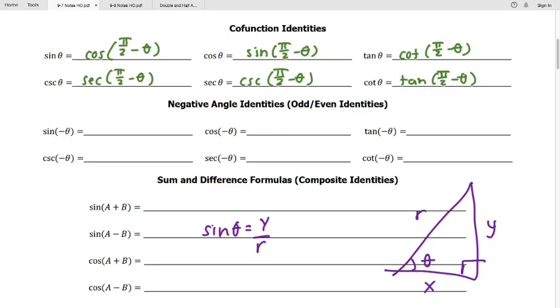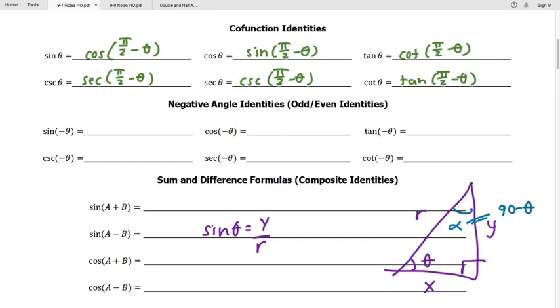But if I were to turn this right triangle, we could look at it in terms of this alpha. Alpha is 90 minus theta, because we know all the angles in a triangle add up to 180 degrees. That's how we would solve for it.